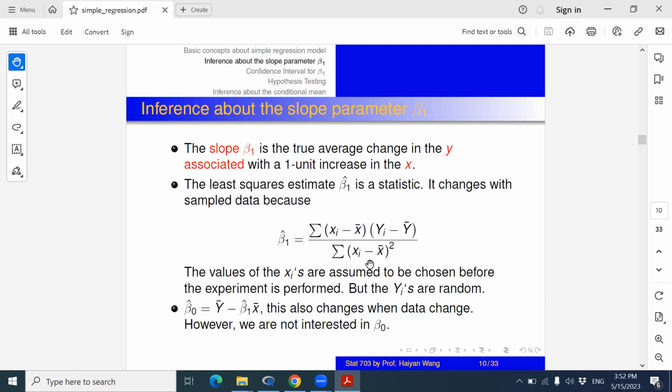So the y's are random values. The denominator, the sum of x minus x bar squared, is also treated as a fixed value, and it's not random. So once we recognize that, we can see that everything multiplying the y's can be thought of as just some coefficient. So this becomes a linear combination of the yi's.